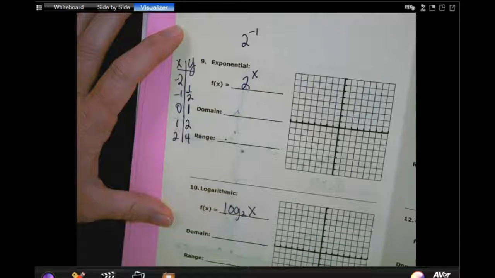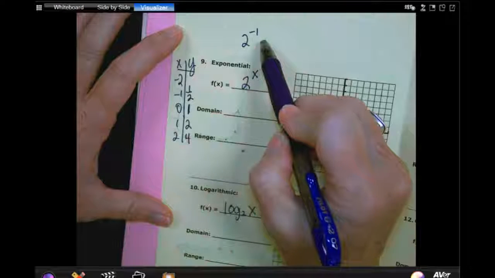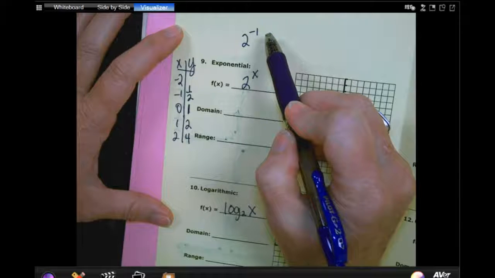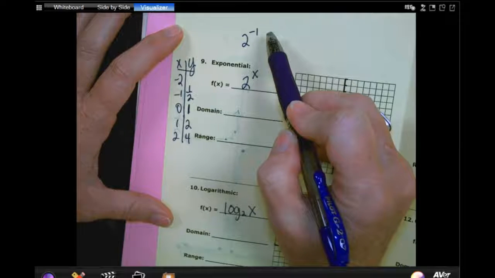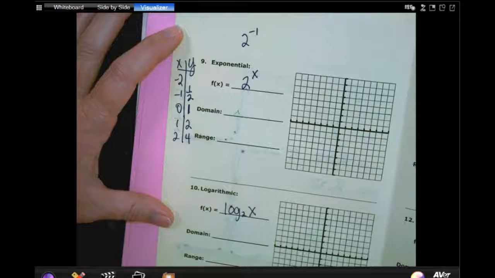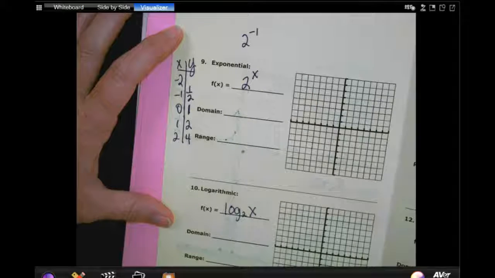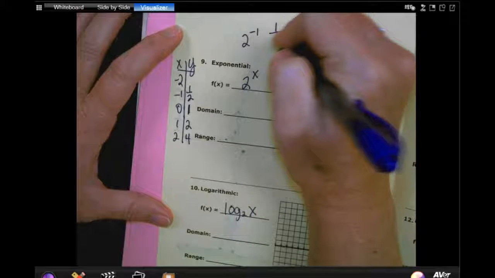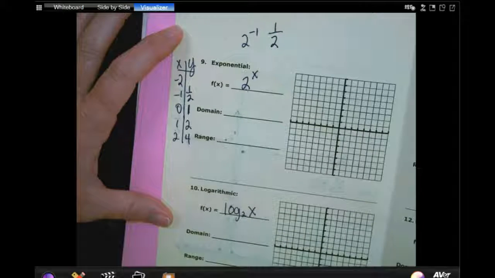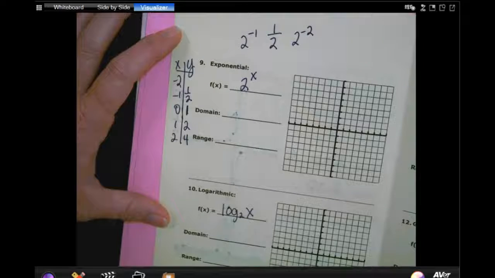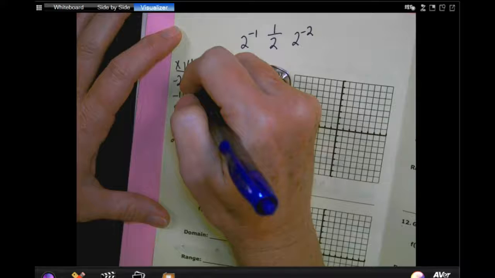And second of all, negative 1, what does a negative exponent do? It has to go to the bottom and become positive. So this moves this number to the bottom and it becomes positive. So you get 1 over 2. 2 to the negative 2 would be what? 1/4. It would move it to the bottom and become positive.